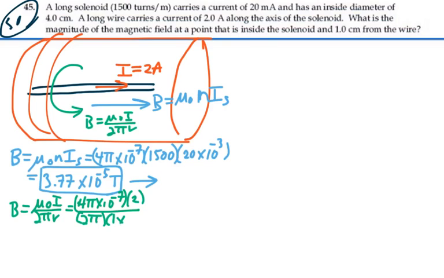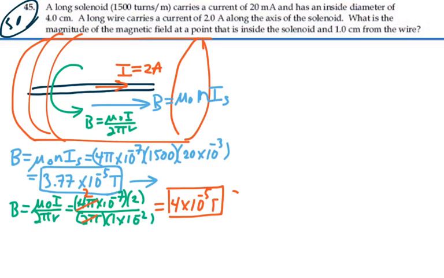So that's going to be 1 times 10 to the minus 2 for that. 4 pi divided by 2 pi is going to leave us with a 2. So we're going to have 4 times 10 to the minus 7 over 10 to the minus 2. So this is going to be 4 times 10 to the minus 5 Tesla.